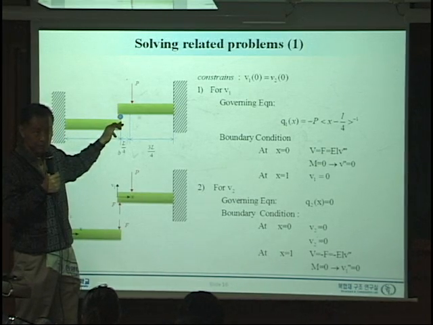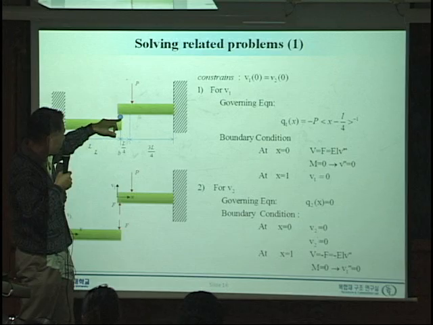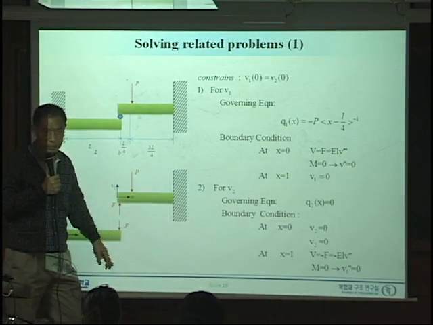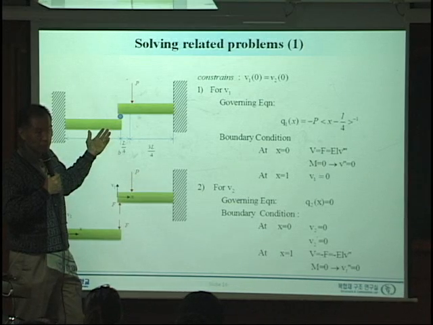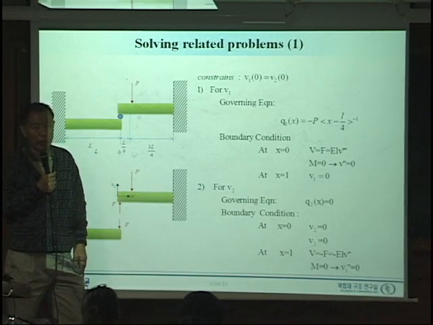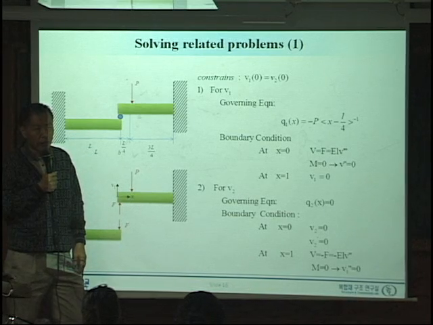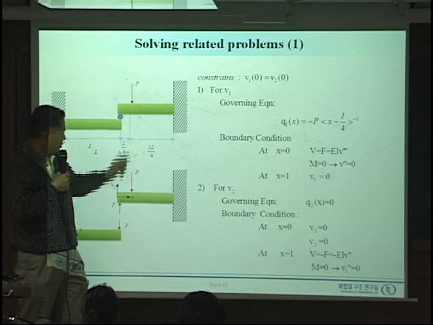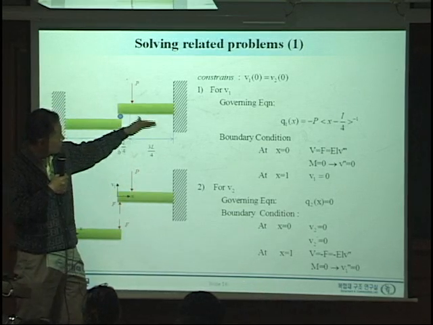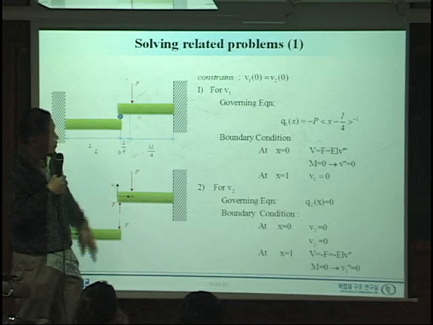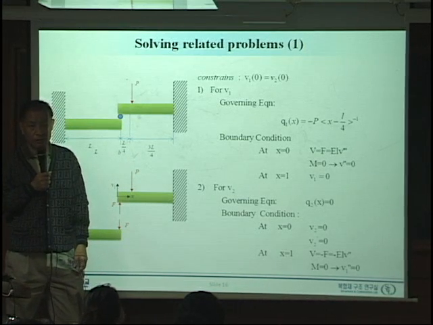So this force will cause deflection of the beam on the left-hand side. Now the question is, we solve for all the deflections and forces and so on, and we get the deflection curve, not only for this beam but also for this one. That's the question.